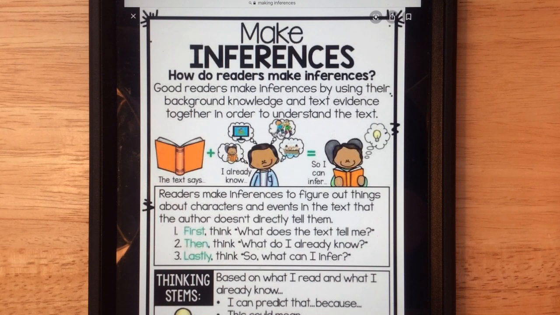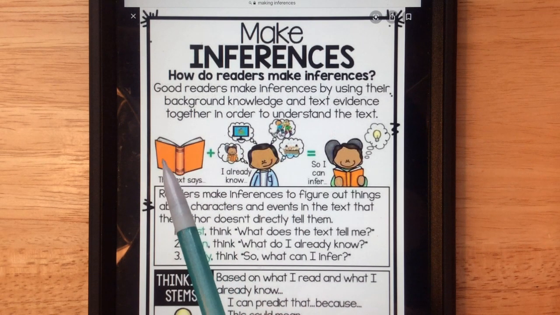Remember when I read to you, there are so many times that I say, what is going to happen? Or why did the character do that? And I'll say, did the author tell you? Did the author come right out and tell you that? And you say, no, I inferred it. You should always try to be a good inferrer while you read.